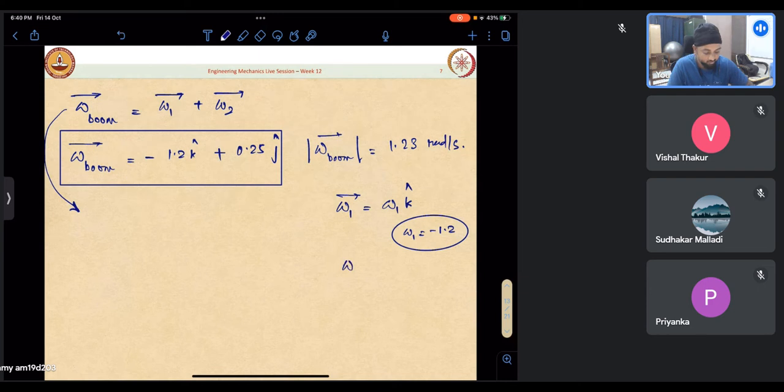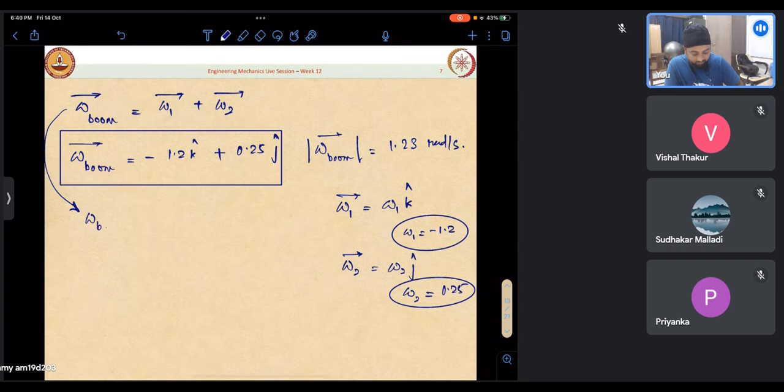Similarly, omega 2 vector we can call as omega 2 j cap with omega 2 being 0.25. Okay, so we have this. I'll just write it again for completeness: we have omega 1 k cap plus omega 2 j cap.